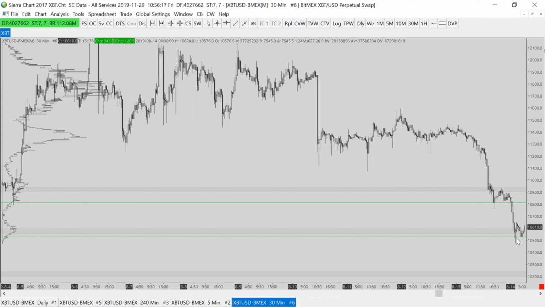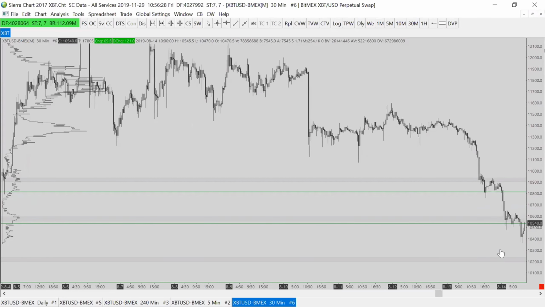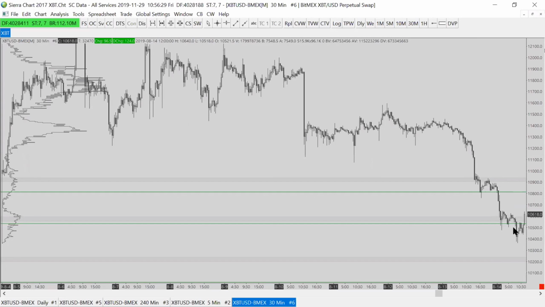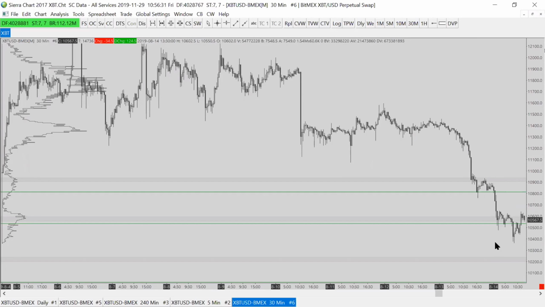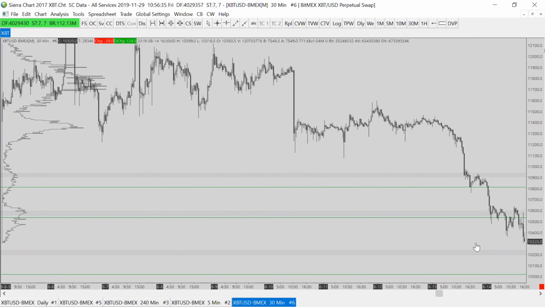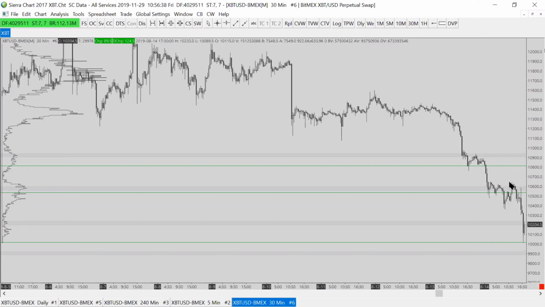Again, it breaks this low volume node before kind of stalling at the red line, the high volume node there. Just rotates around as it kind of chews through the liquidity there. And then again, it comes back up and finds resistance at this pocket of liquidity sitting on that low volume node there.